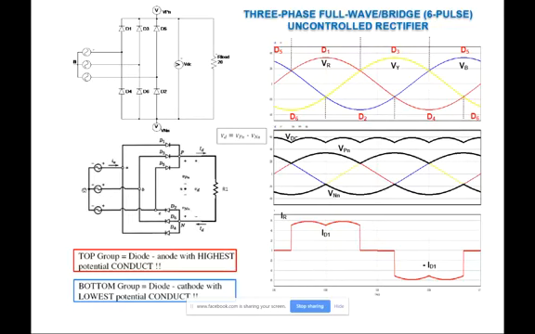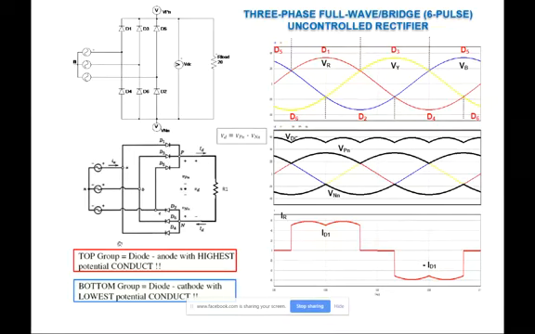Right. So for the 3-pass rectifier before, we have rules to identify which diode is on at any particular time. We apply these rules, isn't it? For the top group, the diode whose anode has the highest potential will conduct.